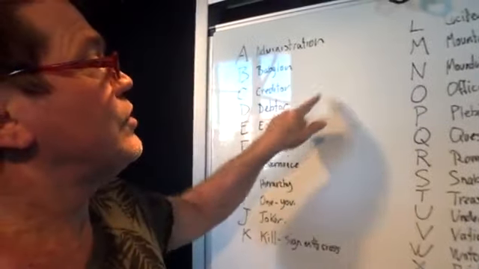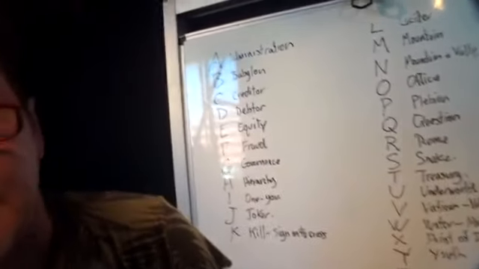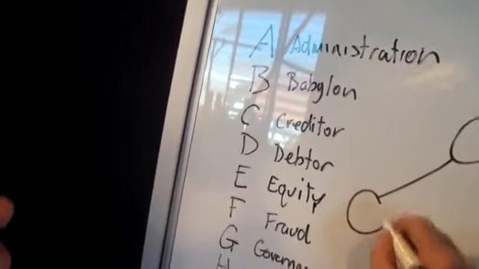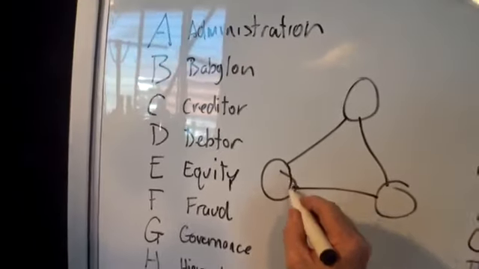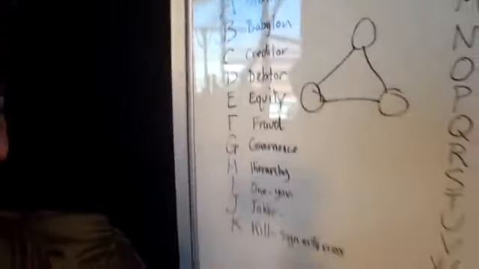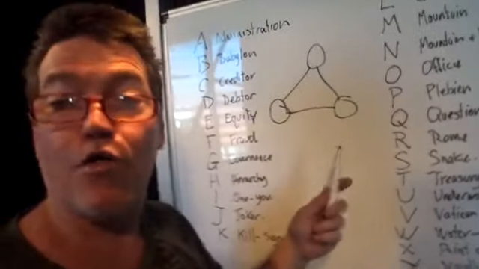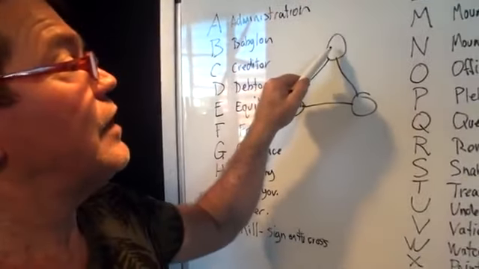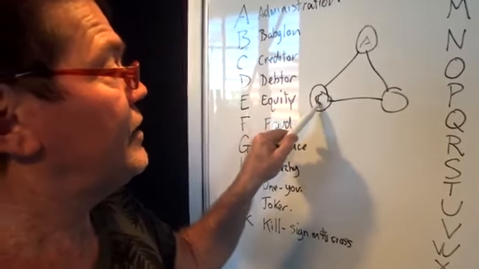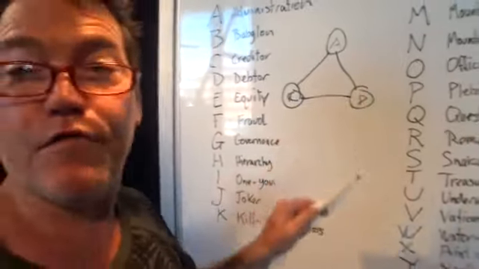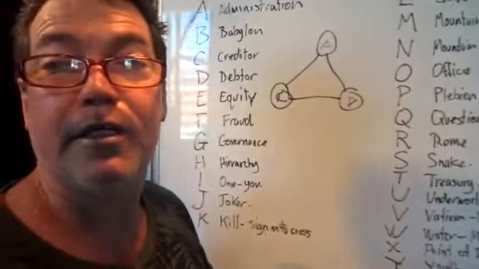That's why when I draw these things here, I use that as the office of administration, the office of creditor, and the office of debtor.